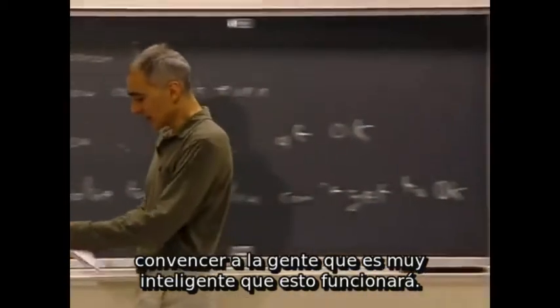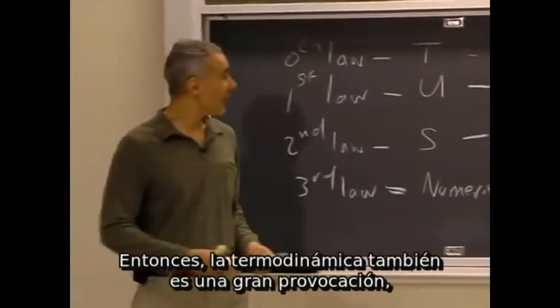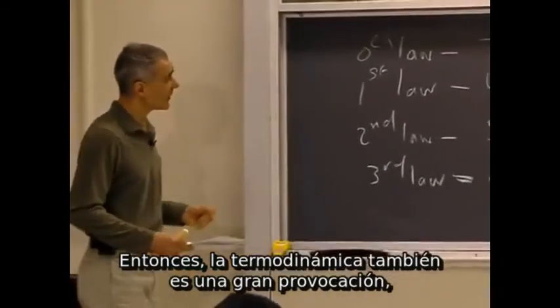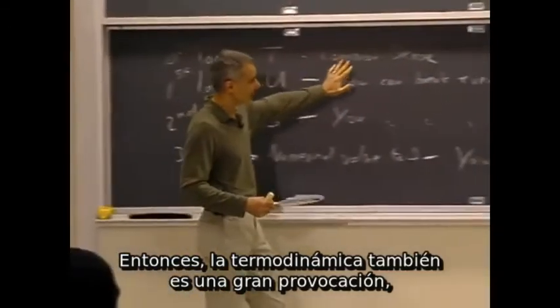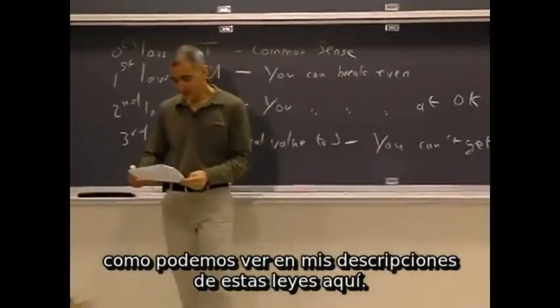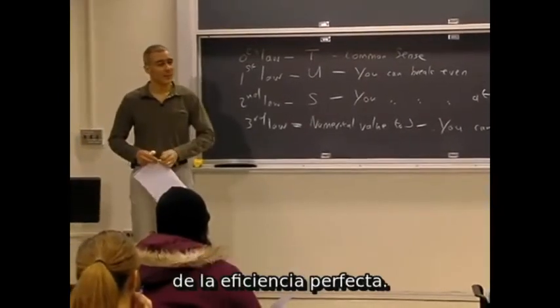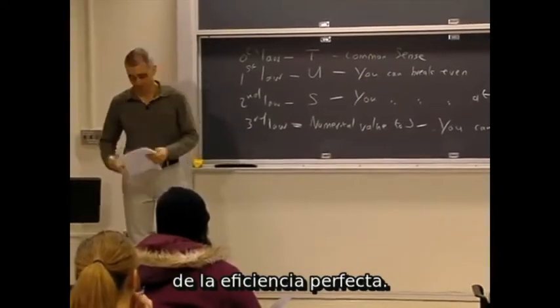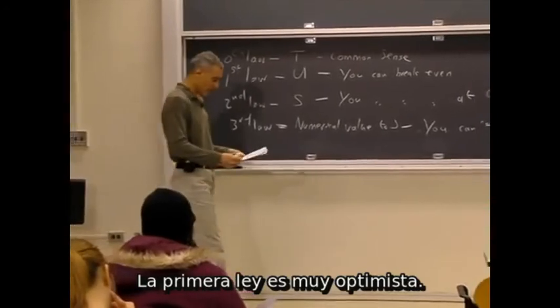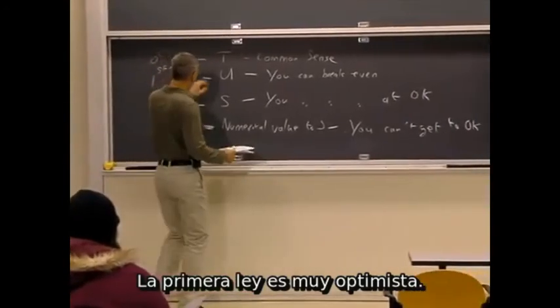Okay, so thermo is also a big tease, as you can see from my descriptions of these laws here. It makes you believe initially in the feasibility of perfect efficiency. Right? The first law is very upbeat.